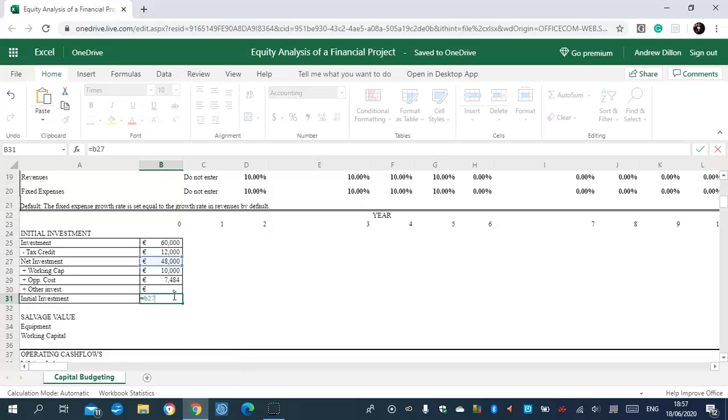So, B27 plus B28, B29 plus B30. The answer is €65,000 and €484. That is the initial investment.